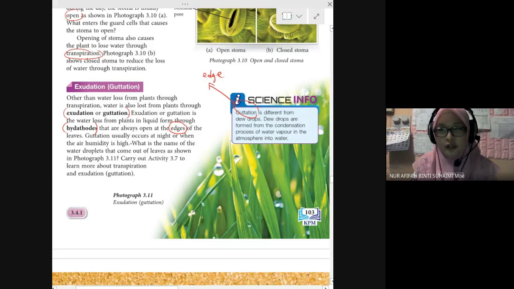Guttation usually occurs at night or when the air humidity is high, so during the night or after raining. What is the name of the water droplets that come out of the leaf as shown in photograph 3.11? Guttation. Exudation or guttation, two names.